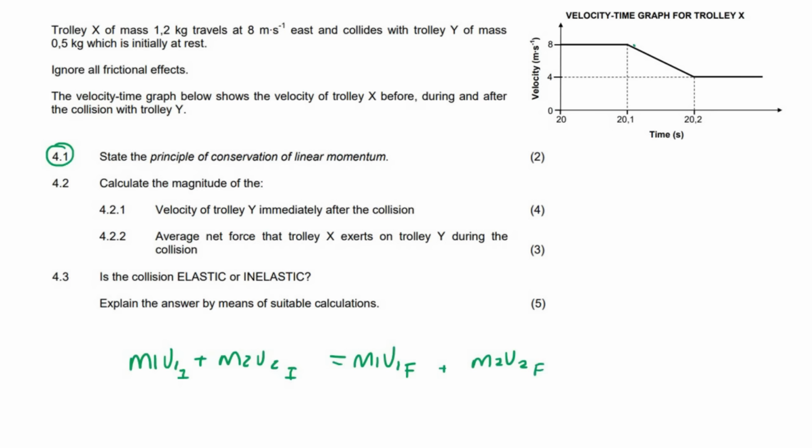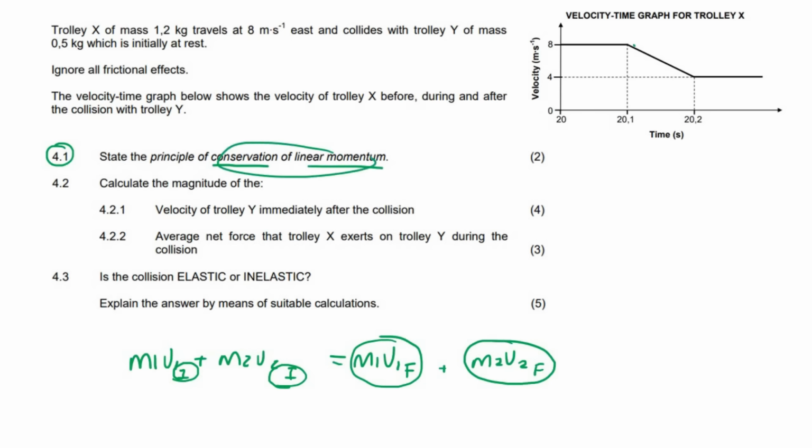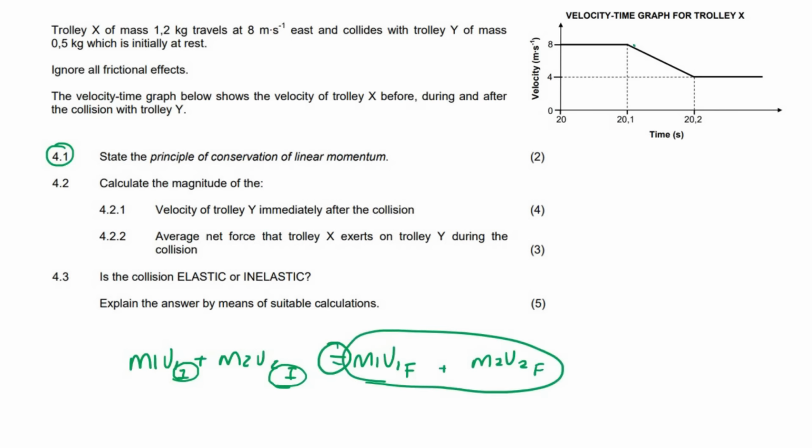What it tells us is that the total momentum of the system, because remember this is momentum, says that the momentum of object number 1 plus the momentum of object number 2 initially, meaning before the crash, is equal to the momentum of object number 1 plus the momentum of object number 2 after the crash. So the momentum is conserved: the momentum in the beginning is equal to the momentum afterwards.